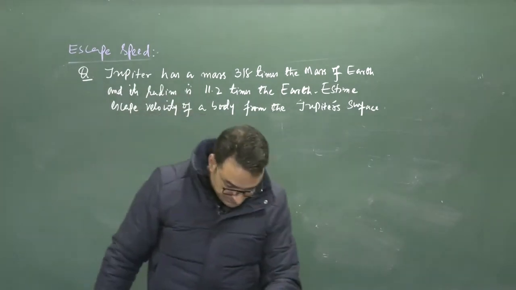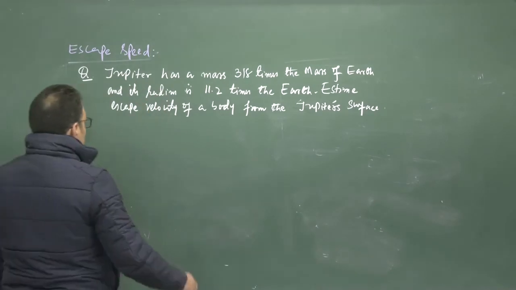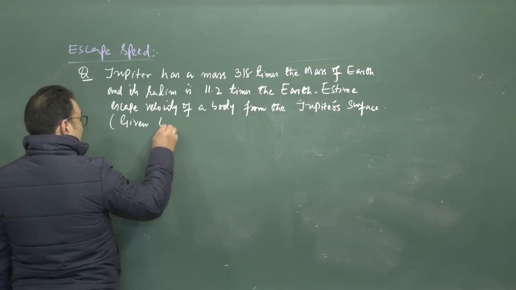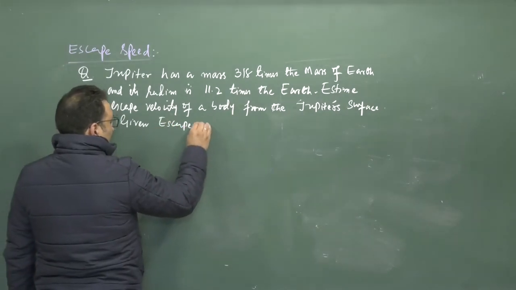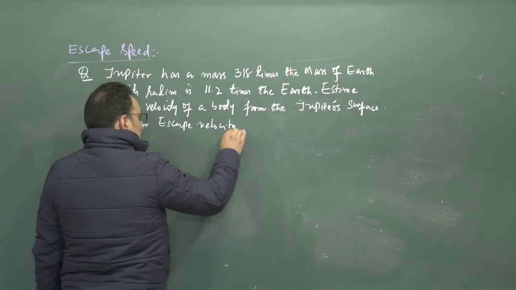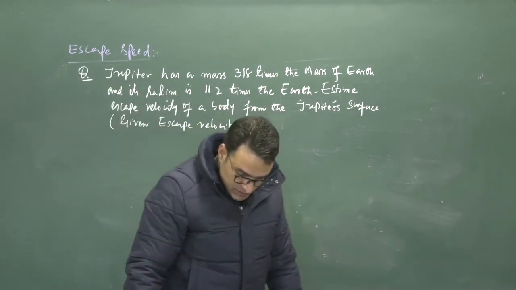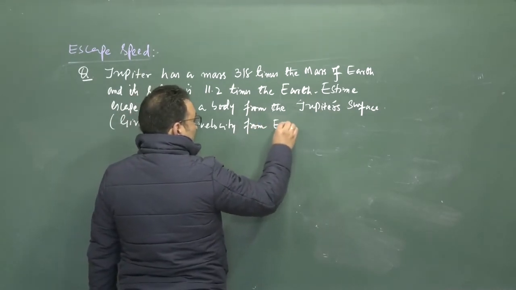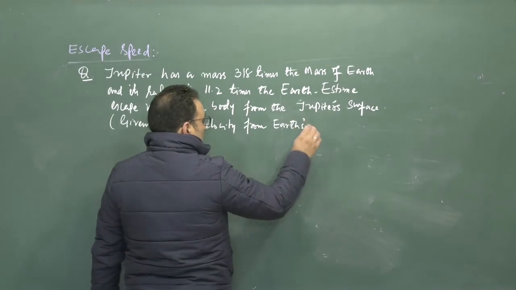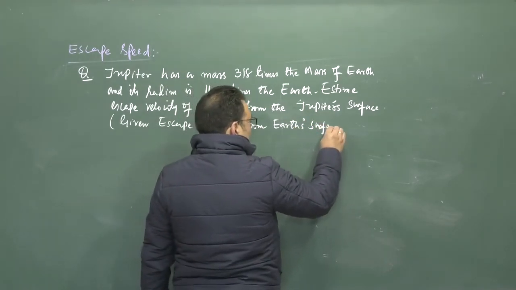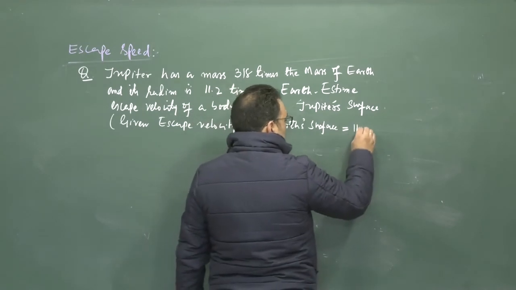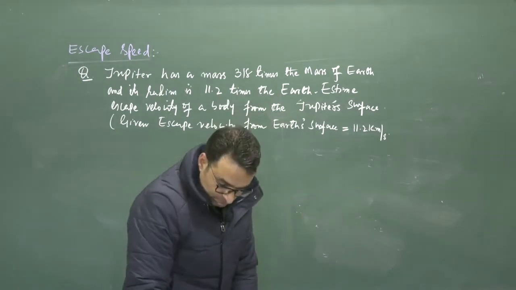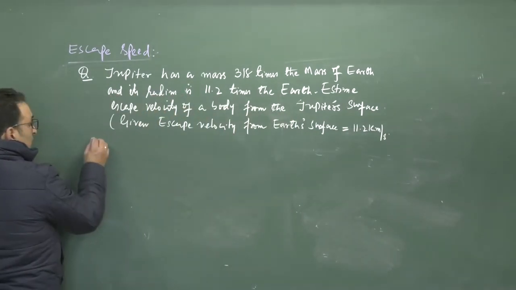Now, given is escape velocity from the Earth's surface is equal to 11.2 kilometer per second. Let me write down its data.